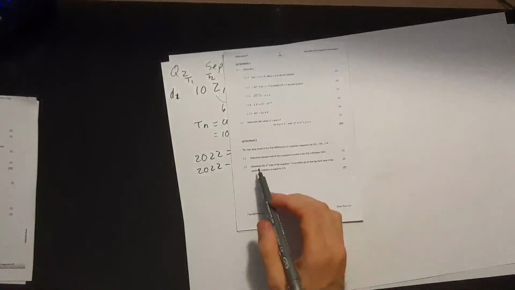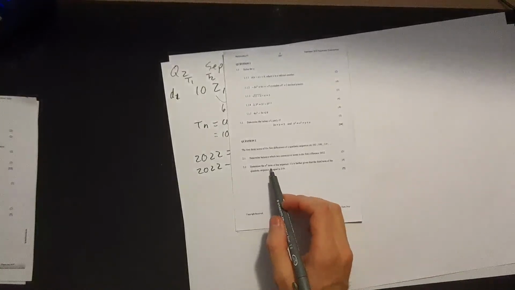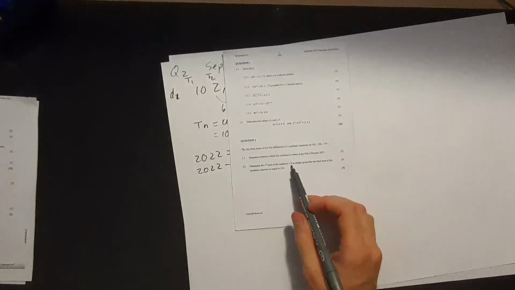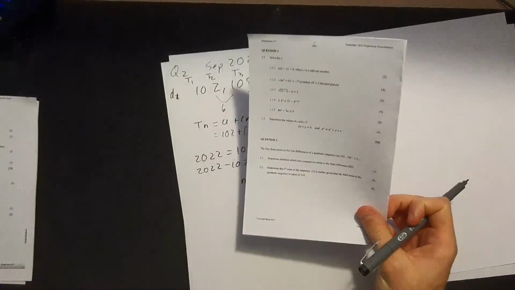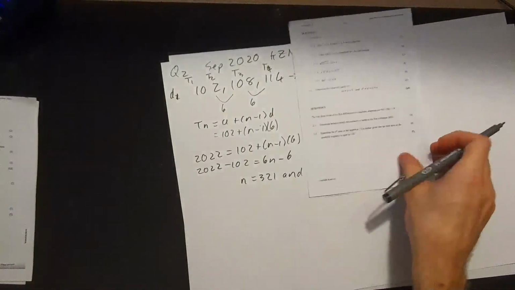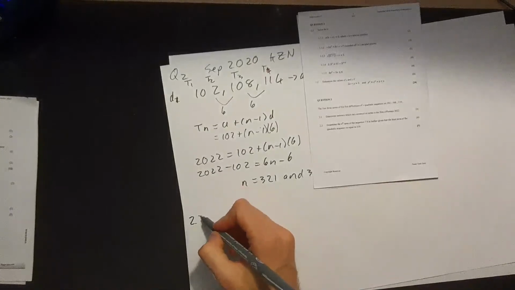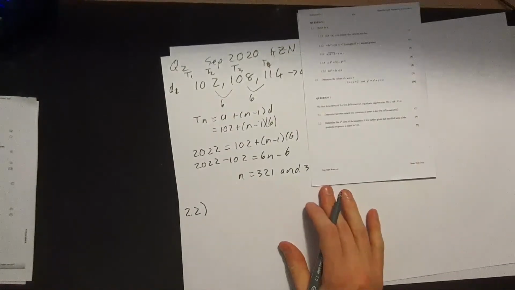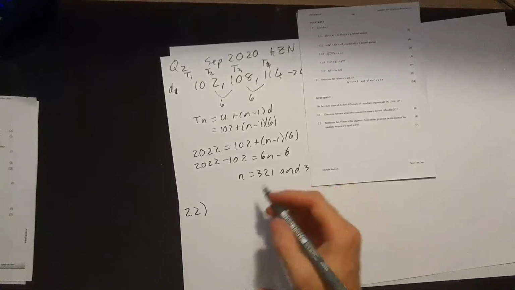Okay, now it says determine the nth term of the sequence if it is further given that the third term of the quadratic sequence is equal to 310. Okay, so that makes things a little bit interesting. So this is 2.2. So they tell us the third term of the quadratic sequence is 310.